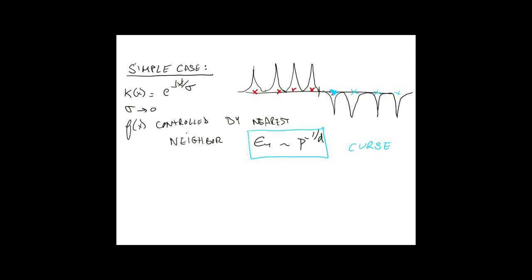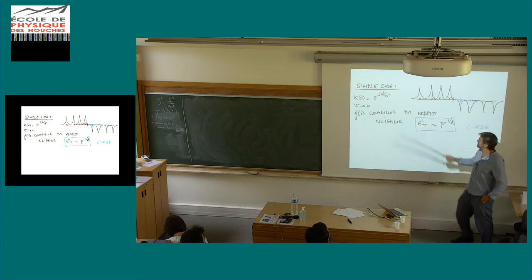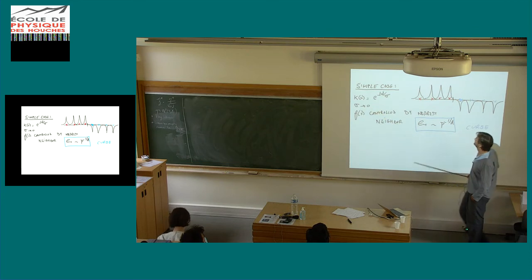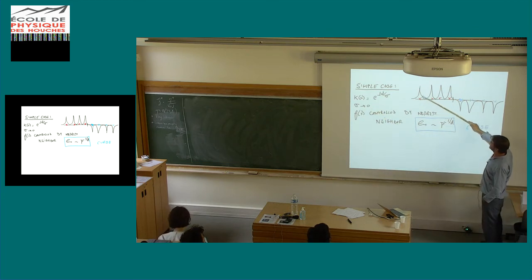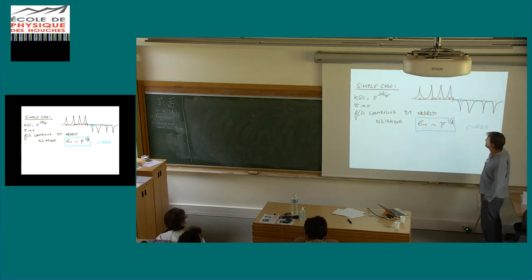Well, there is a very simple, boring case. If your kernel starts to become like a delta function, for example, if you look at a Laplace kernel and you take sigma to 0, then essentially points affect f only locally. So for the positive label it's going to be +1, for the negative label it's going to be -1, but then this would start to look like delta functions.